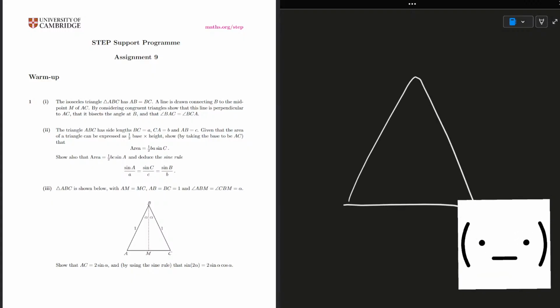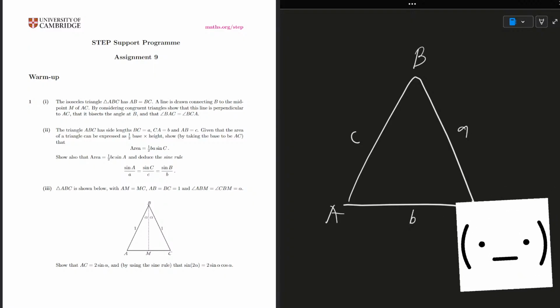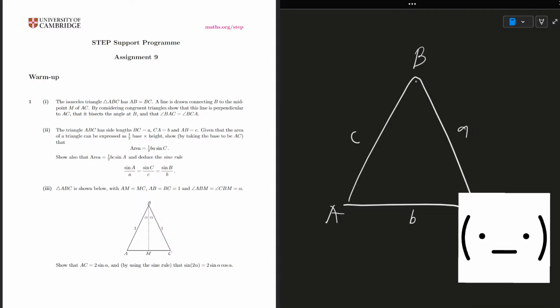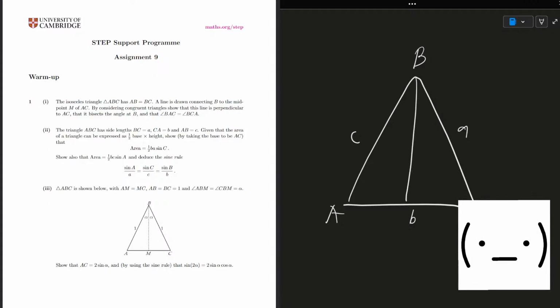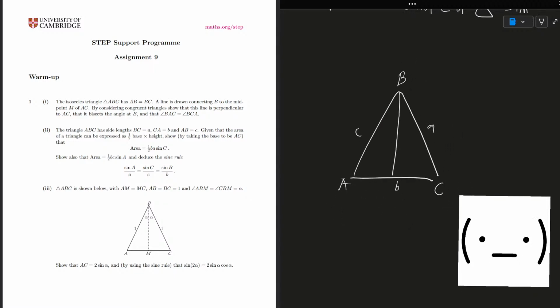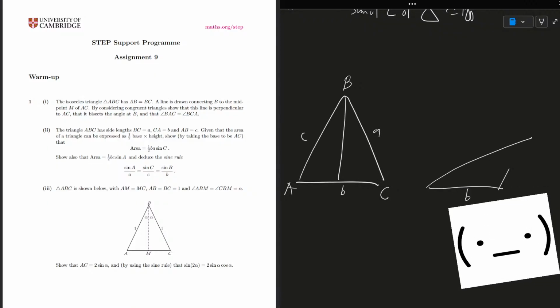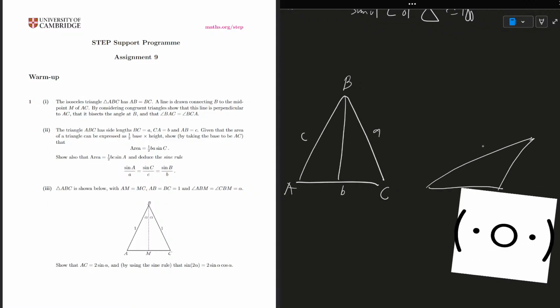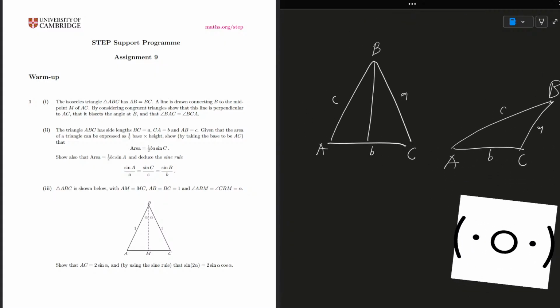But base being AC, this is B, this is A, this is C. Okay, so that's our diagram, but there's also another diagram we could potentially draw, which is this. Sometimes there are problems that result from edge cases like these, so we'll just write that down in the background.